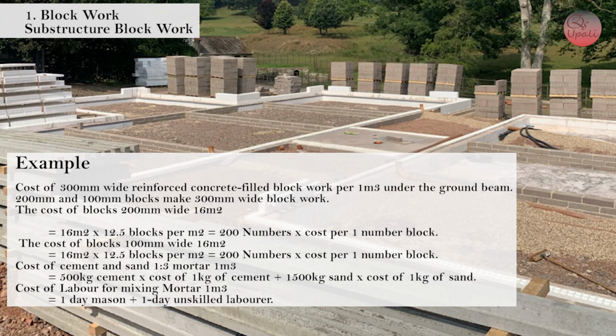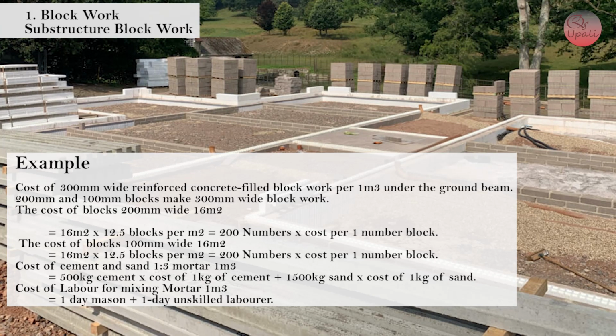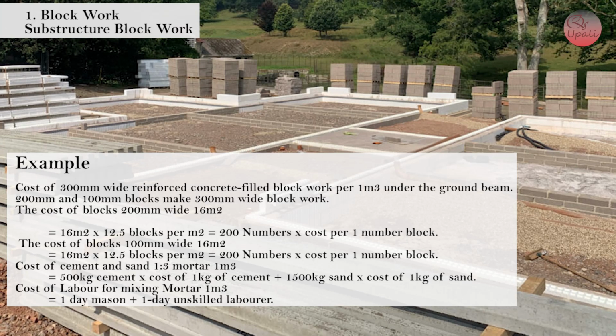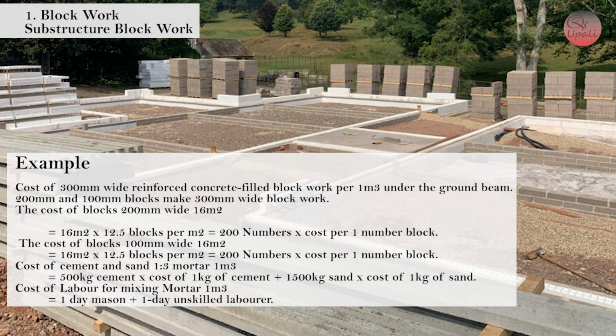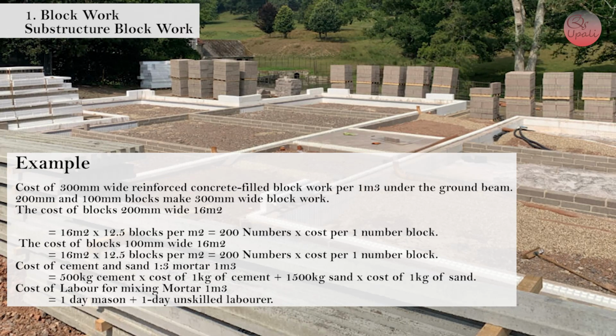The cost of blocks 100 mm wide, 16 meter square equals 16 meter squares into 12.5 blocks per meter square equals 200 numbers into cost per 1 number block.